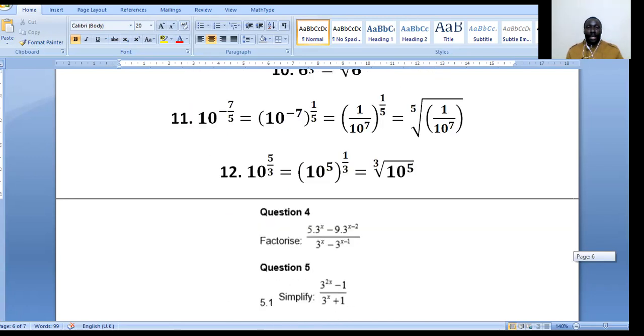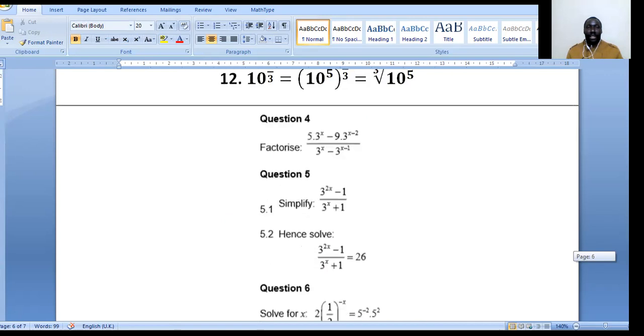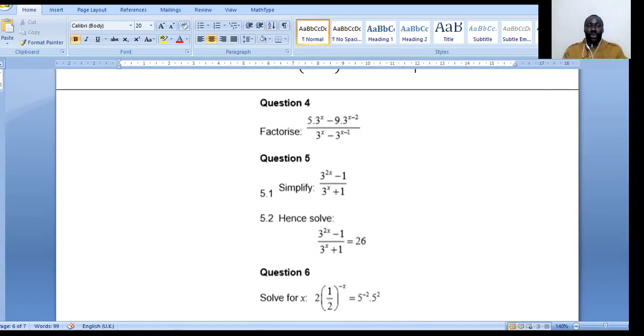Now, the next thing I would like us to look at is how we can use the concept of exponents to solve, sometimes to simplify. The question that we are dealing with is this question here. So this is the question, 5 times 3 exponent x minus this exponent that. How do you simplify this?